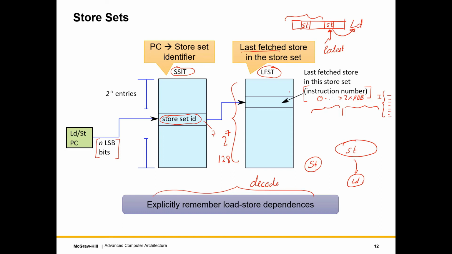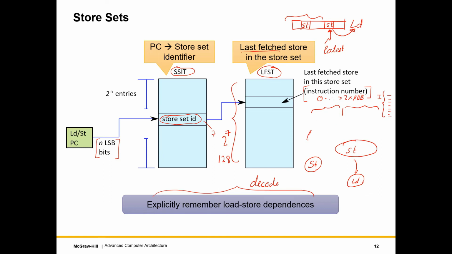And how do I identify it? As I said, we have a scheme of providing a unique instruction number to each instruction, and this is recorded in the LFST given the store set. So a load reaches the LFST via a single level indirect and finds the latest store ID and stores it.